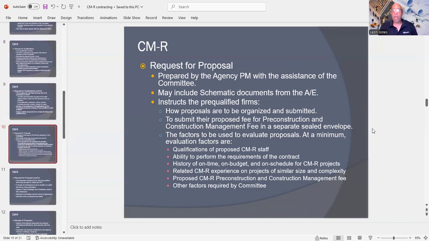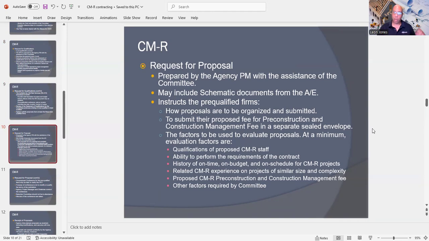Now, you also have a request for proposal, and that's also going to be prepared by the agency PM with the assistance of the committee. Under the CMAR, the RFP may include schematic documents from the AE, that's architecture and engineering.